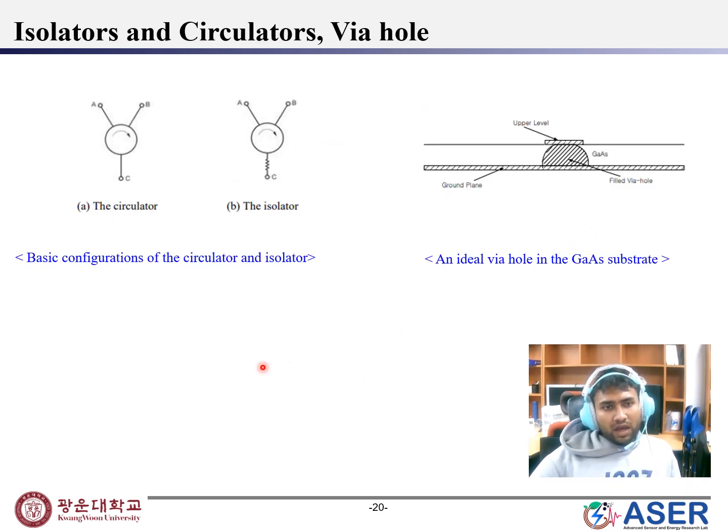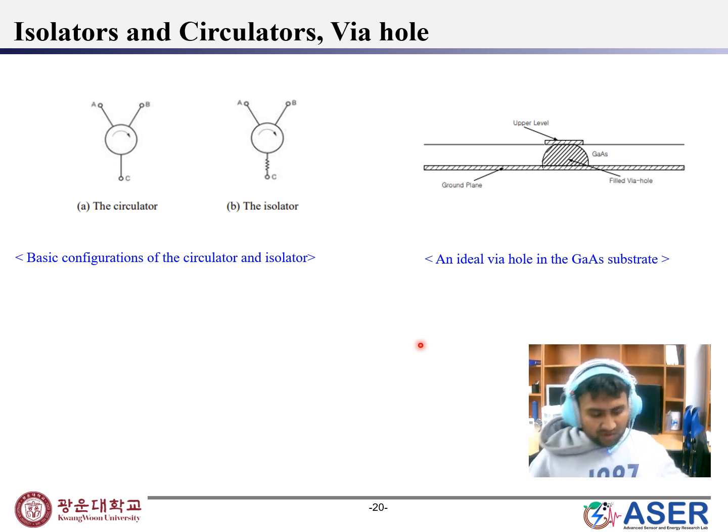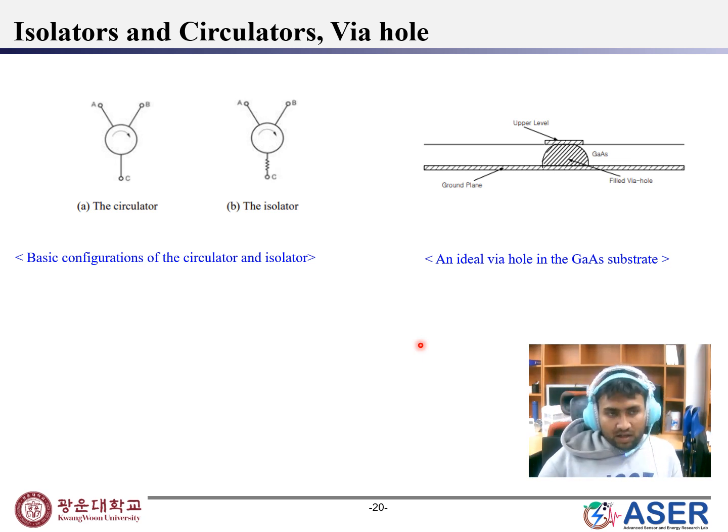Isolator, circulator and via hole. The basic configuration of the circulator and isolator is shown in this image. What is the isolator? An isolator allows the microwave signal to pass in one direction but not in the other direction, which can be achieved by using ferrites. The ferrite material is mounted inside the waveguide, and an external magnetic field supplied by a C-shaped permanent magnet magnetizes the ferrite.